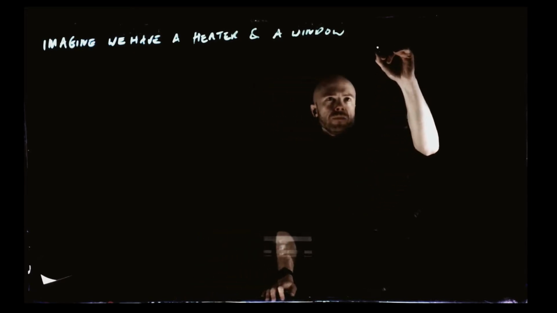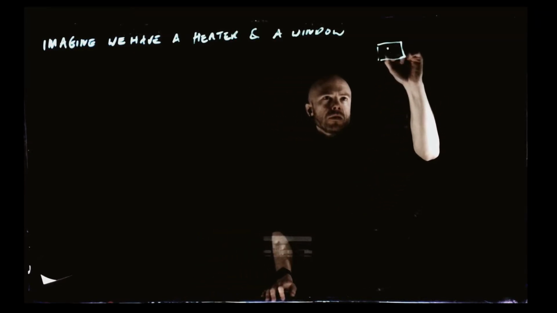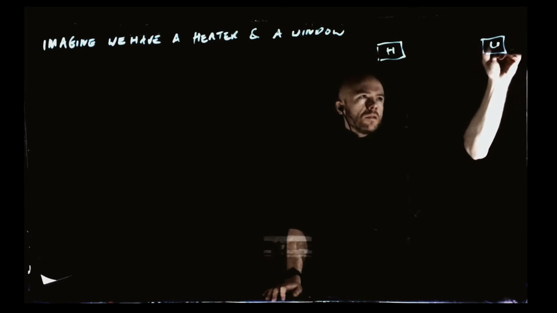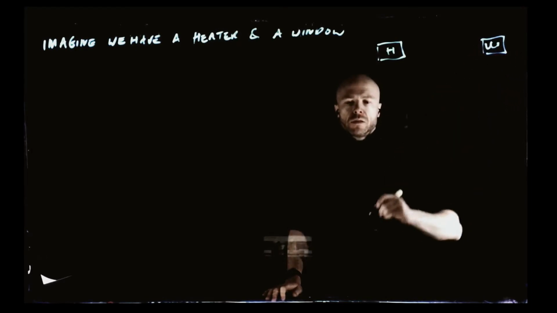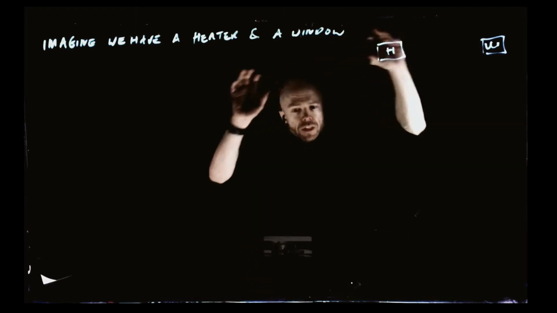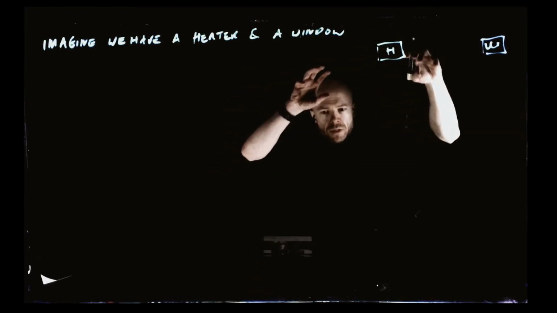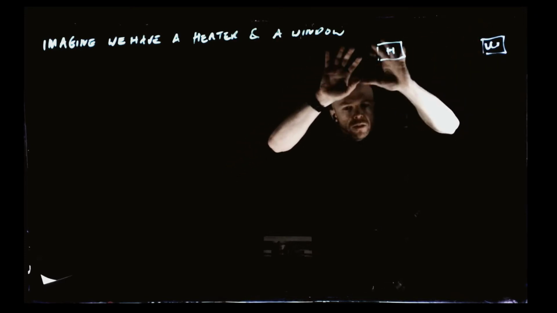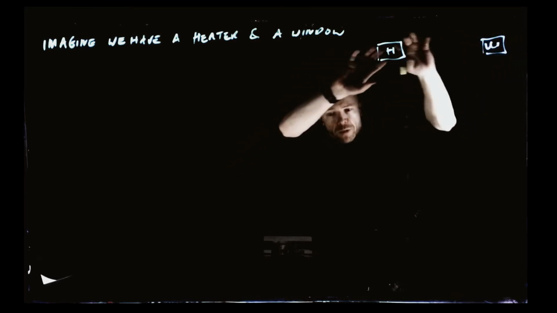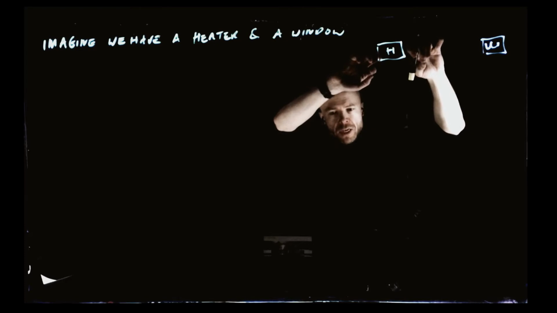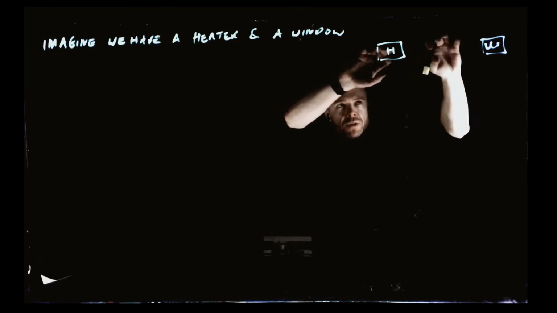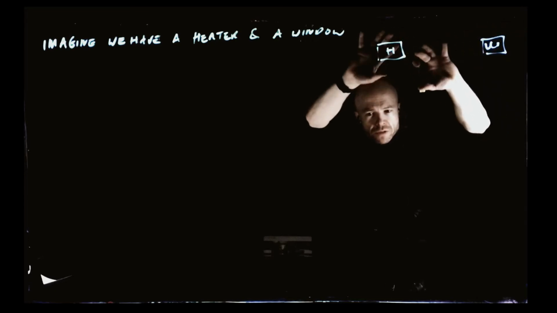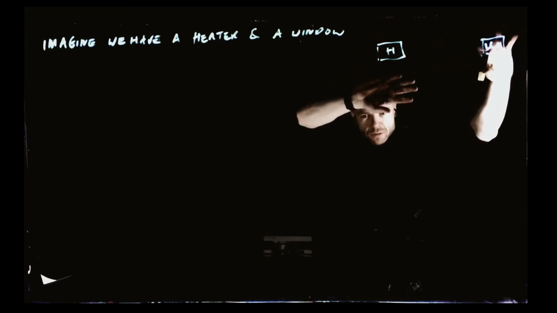So here is the heater, and here is the window. Okay, so the heater is creating heat, right? And the window is cold. That's where the heat is gradually going to diffuse out of. But the heater is on, it's continuing producing heat, right? And then that heat is going to diffuse slowly over that direction, yeah?